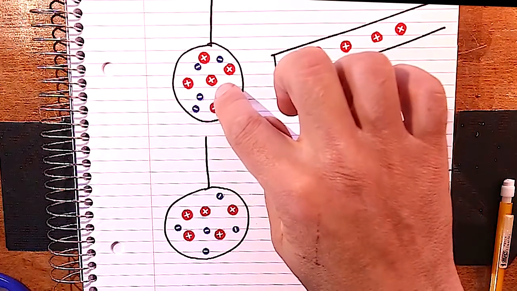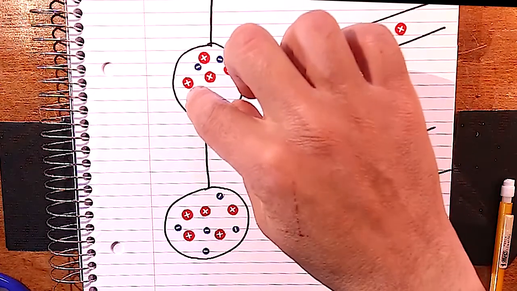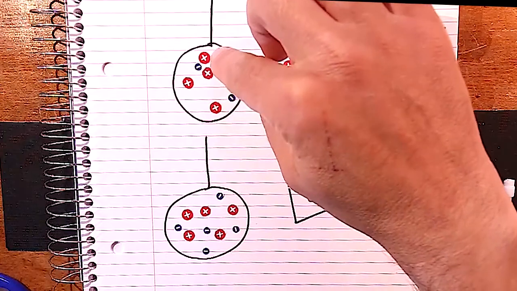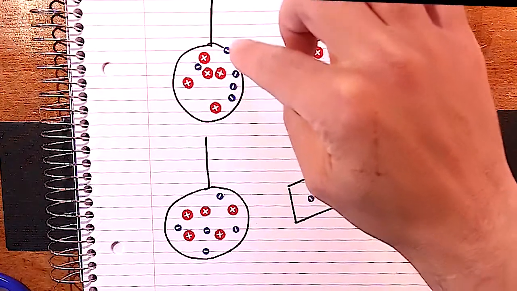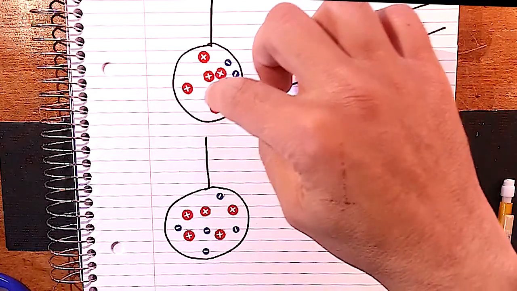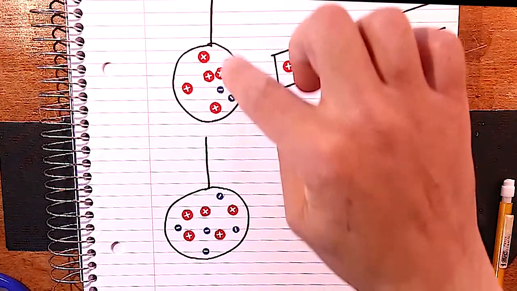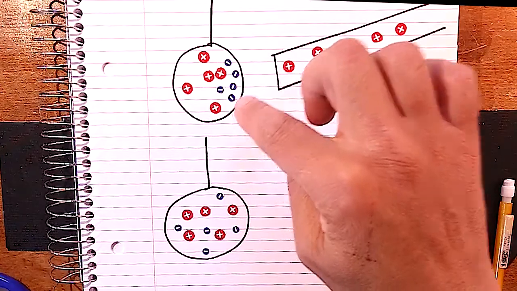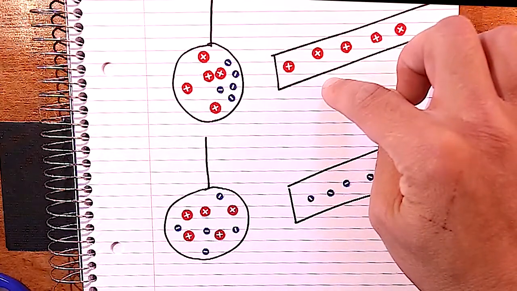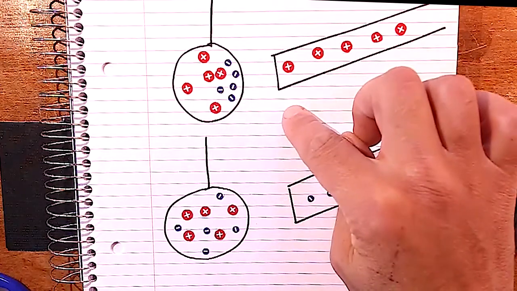So the electrons are going to come over to the edge like this. And what that's going to do is make the edge of this pith ball negative. Well, what happens if this is negative and this is closer than the positives are to the positive? Well, that's going to produce attraction.